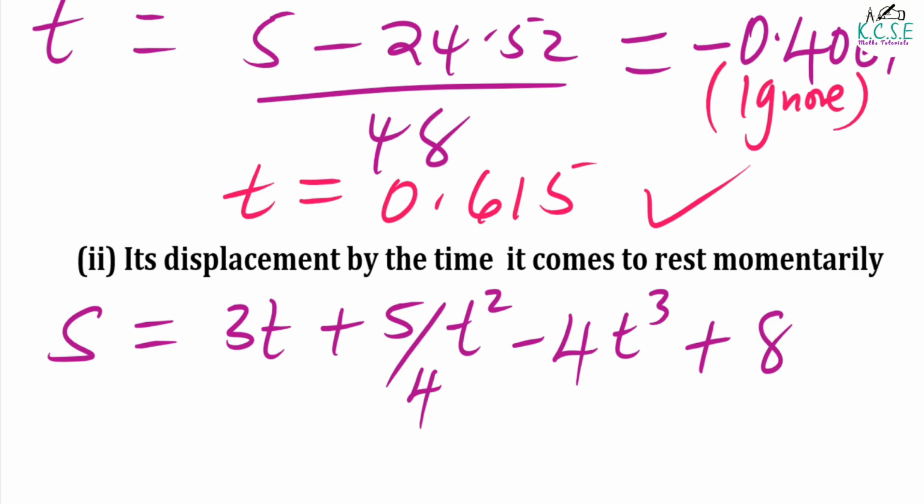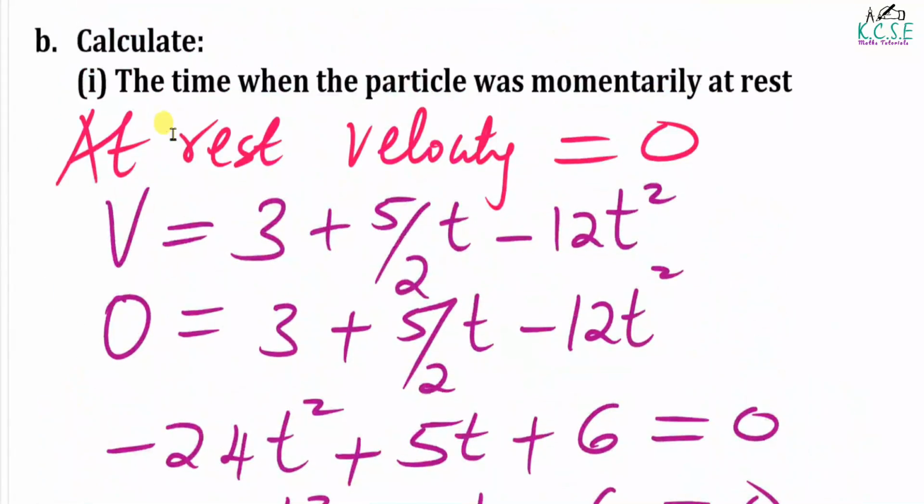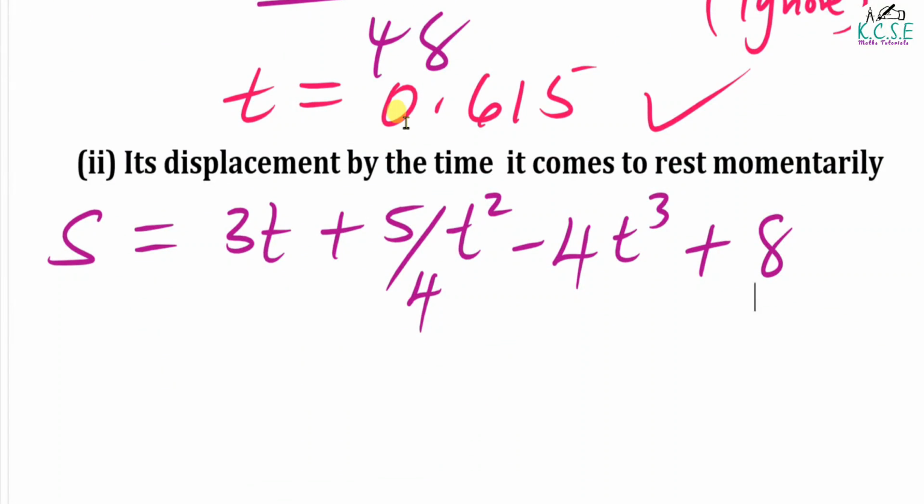So we are required to get the displacement by the time the particle comes to rest momentarily. And in the previous part, we have just identified the time when the particle comes to rest, t as 0.615. So we need now to use the same time to get its displacement when it comes to rest.